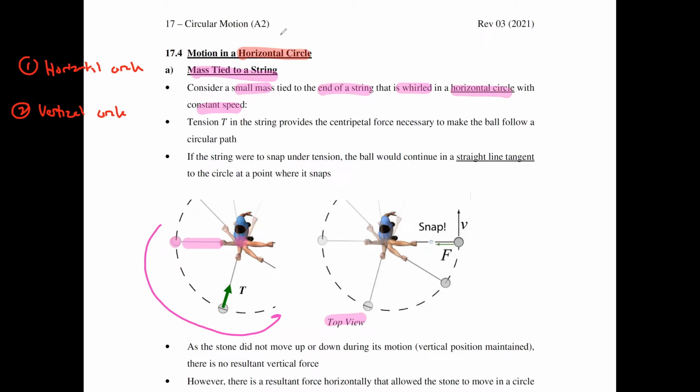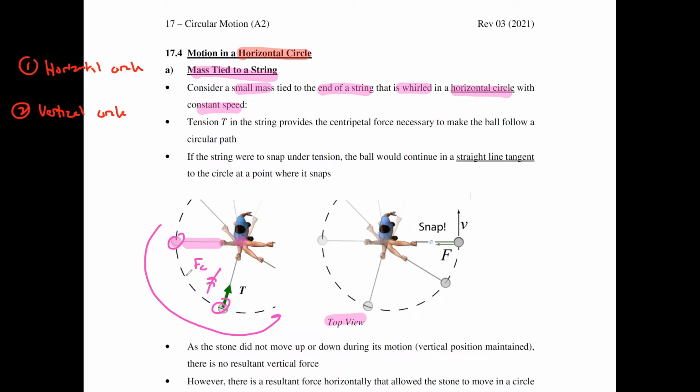Since this mass is moving in a circle, we know that there must be a centripetal force that caused the object to move in a circle in the first place. If something moves in a circle, there is centripetal acceleration, correct? But at the same time, there must be a centripetal force that causes it.